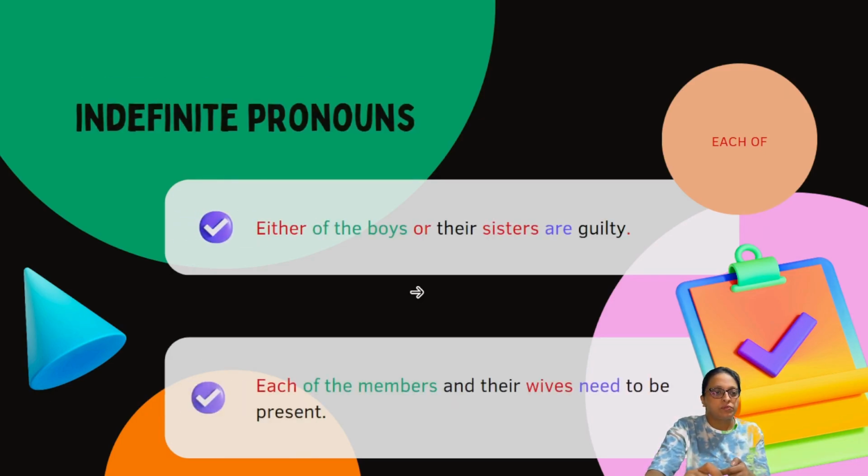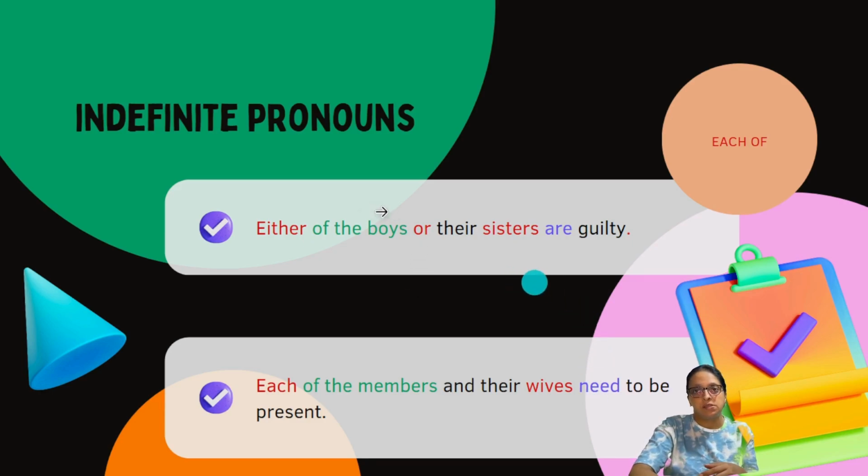Let's move on. Now we are going to see an example where there is a little twist. Let us understand how it is. Read this sentence. Either of the boys or their sisters are guilty. Now we know that either is used when we are talking about two individuals or two objects or whatever. Here, either is used before boys. That means clearly there are two boys. Now we want to say one of the two boys. What does this sentence mean? First, we are trying to understand.